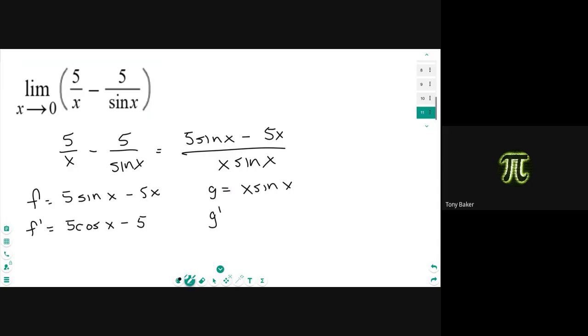x sine x, that's a product. So we have to use the product rule.